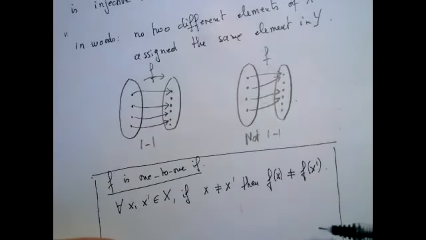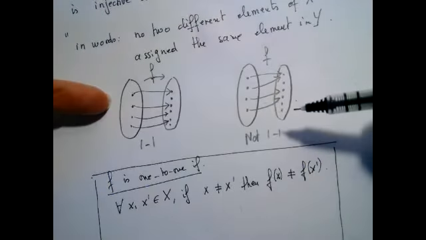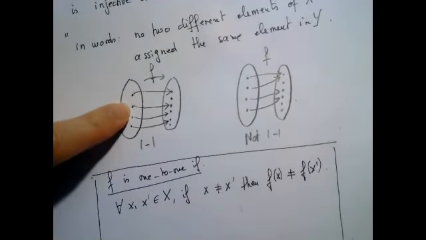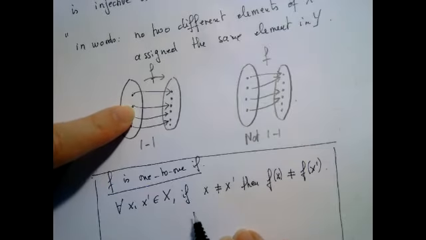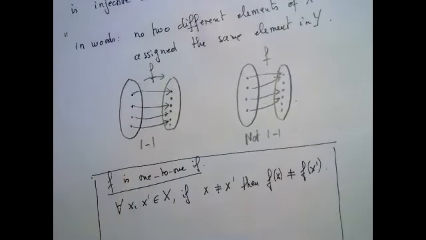Okay, so I'm trying to write in correct mathematical words what F 1-to-1 is. So F is 1-to-1 if given any X and X prime in X, if those are different, their images have to be different.